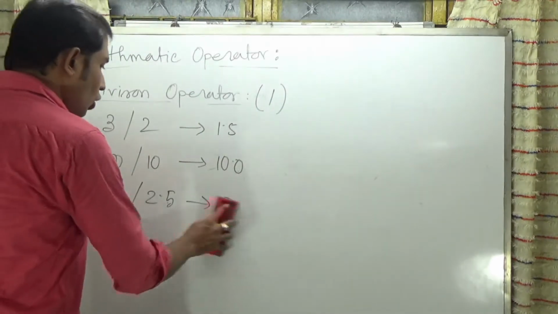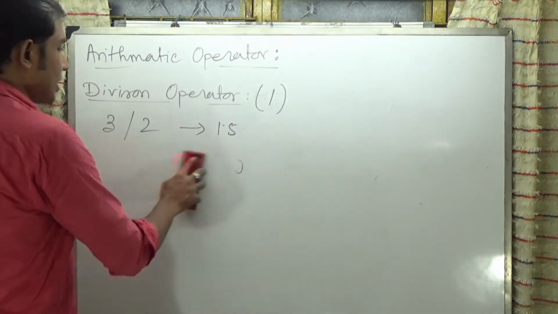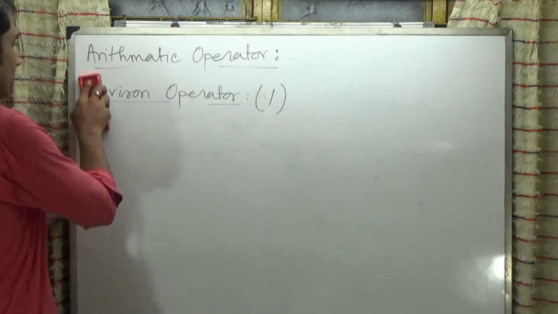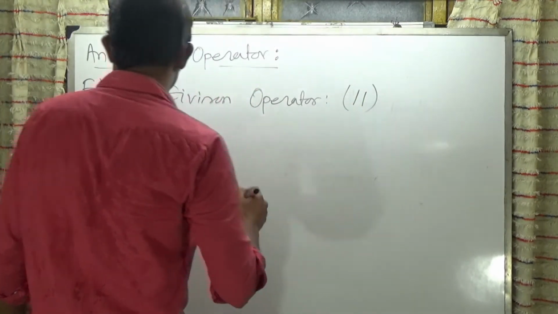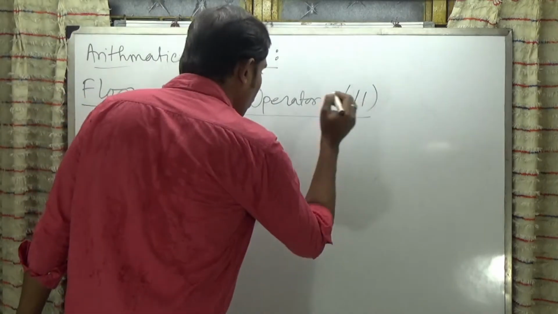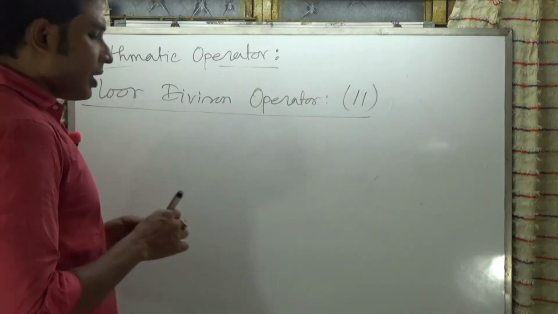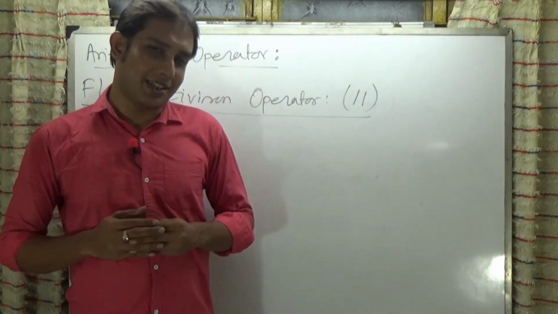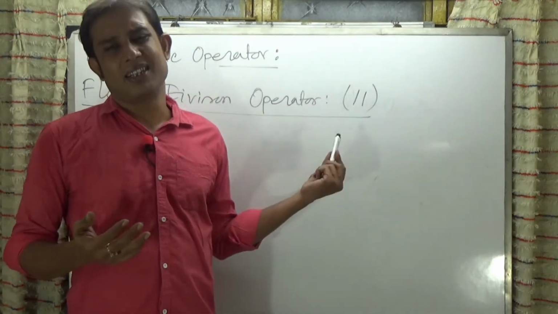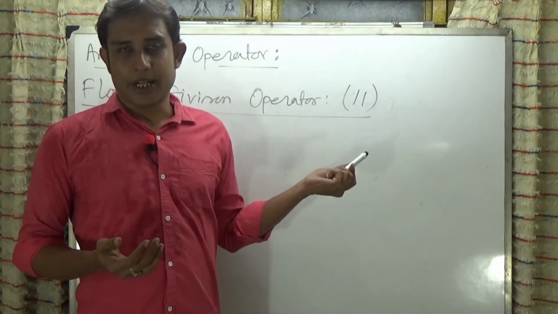Now we come to the next operator, which is known as the floor division operator, denoted by two forward slashes. The mechanism is the same: it returns the quotient, just as in the case of the division operator.